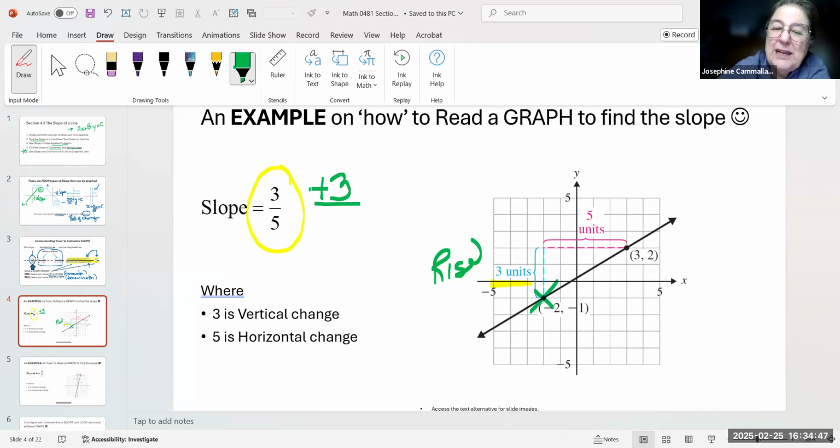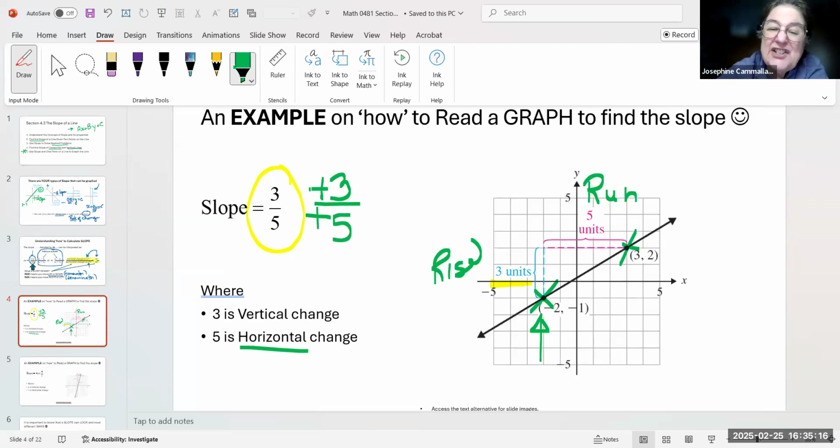Notice I'm starting down here at this point, and I'm going up to this point. Well, how do I get it? Well, I go up 3, and I go right 5, or I run 5. If I go right, it's positive.